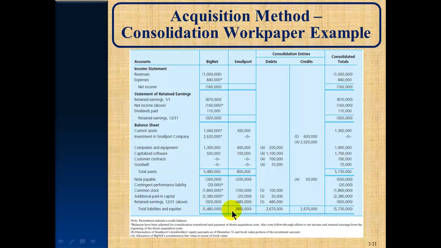Now, this is what this looks like. Don't worry about copying this down. You're going to see it on your comprehensive problem, but let me go back and talk about what we had. This is your parent, this is your subsidiary, and notice on the subsidiary books you have already closed out. You've got a retained earnings balance that reflects that subsidiary's revenue minus expenses.